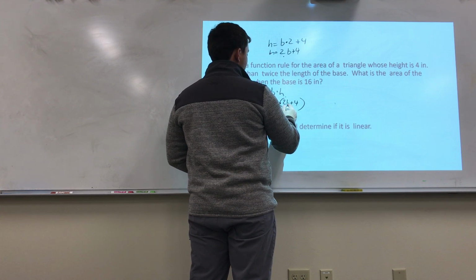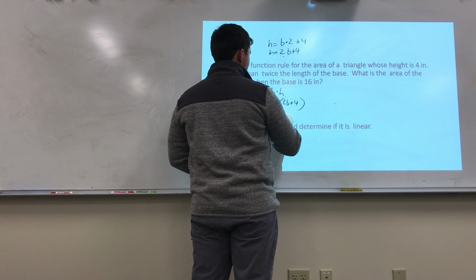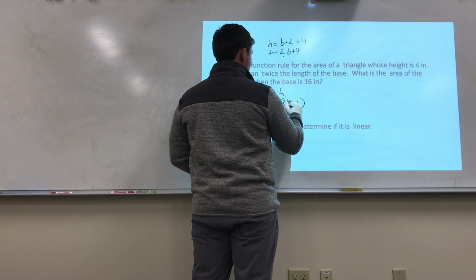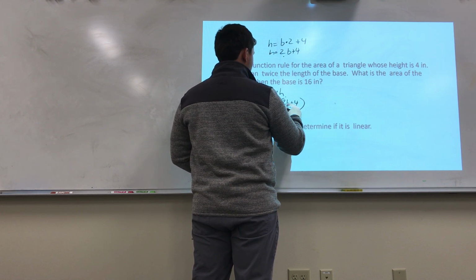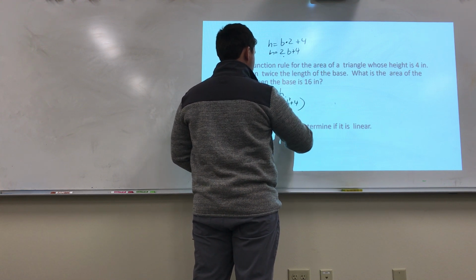So 1/2 b times 2b would give me b squared, because you multiply your outside numbers together, you get 2 over 2, and then you add your exponents, which is 1 and 1, so you get b to the second.